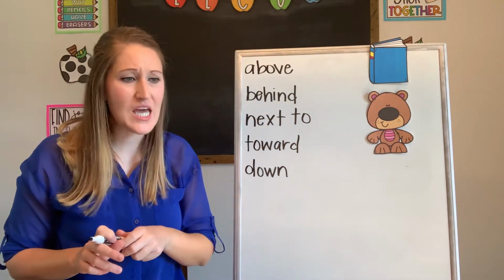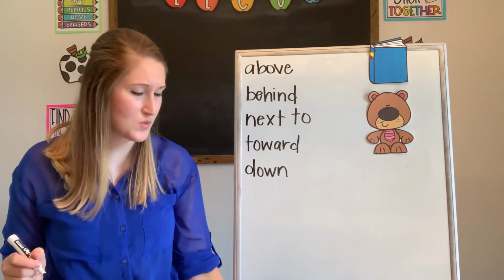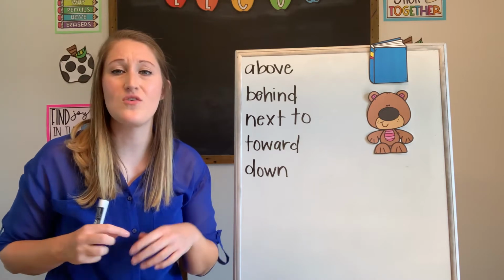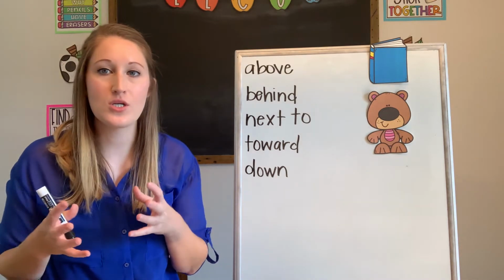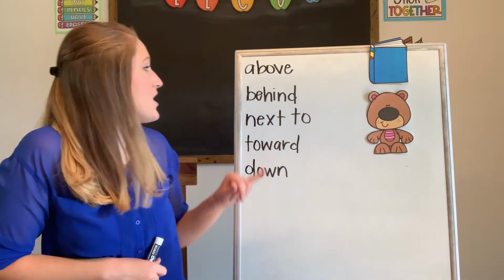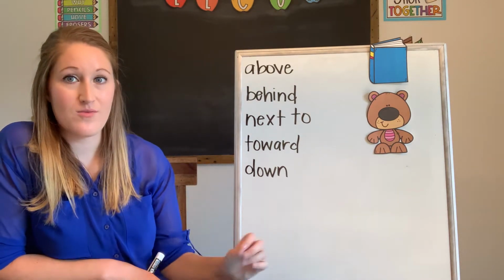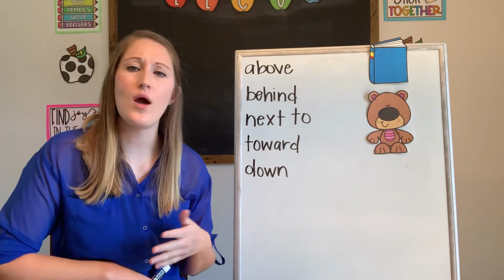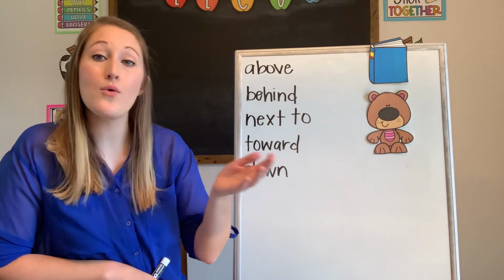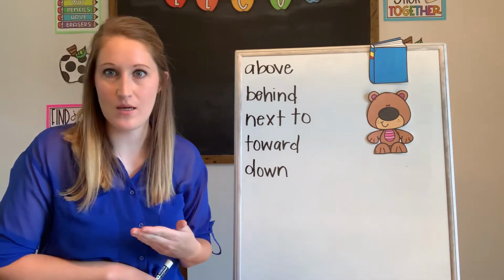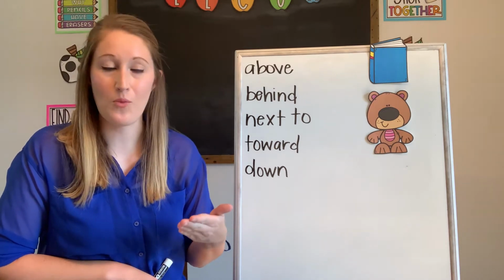Now, the thing to think about with prepositions is we talk a lot too about prepositional phrases. And those are words that work together to show, right? It's above the bear. Below the bear. I can't just say that something's below. I want to describe where. It's below the bear. So that's a phrase that I'm using to help show me where.